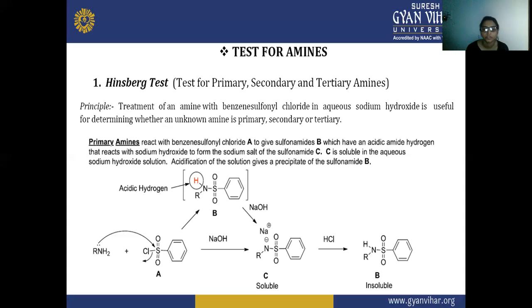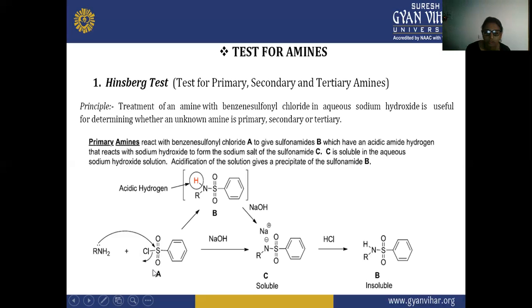Acidification of the solution gives a precipitate of the sulfonamide B. Here you can see the primary amine treated with benzene sulfonyl chloride: this is the benzene, this is the sulfonyl, and this is the chloride.